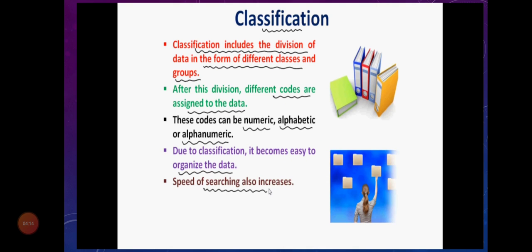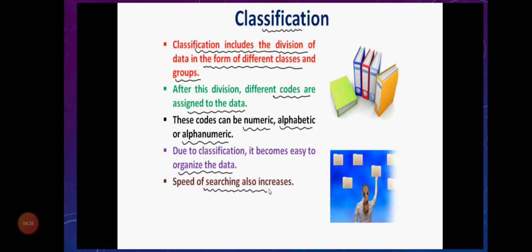Classifying or classification is the first operation of data processing. Classification includes the division of data into different classes and groups. After this division, different codes are assigned to the data.